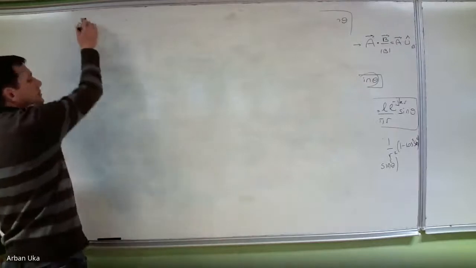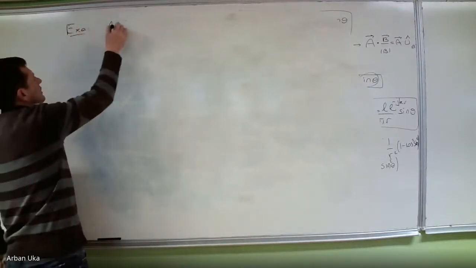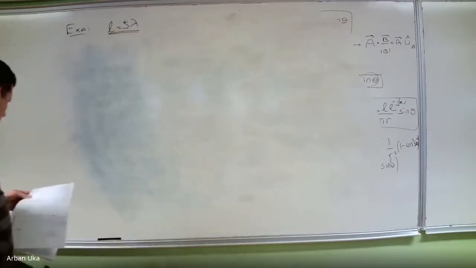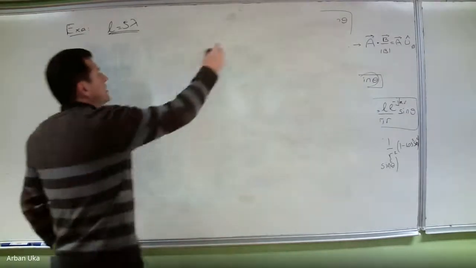Let's assume that we have an antenna with some length scale, which is 5 lambda, where lambda is the wavelength that we are using.